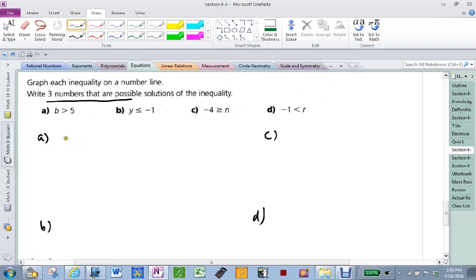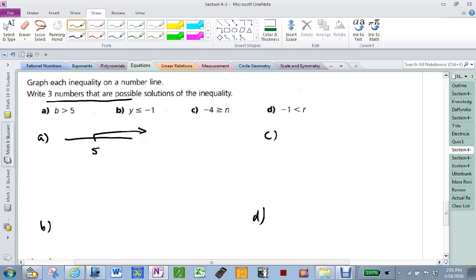So, let's do the first one together. There's a number line. What's the only number on it that matters? 5. Now all the numbers I want have to be where? Greater than 5. Where does greater than 5 live? To the right. So it's got to be all these numbers.